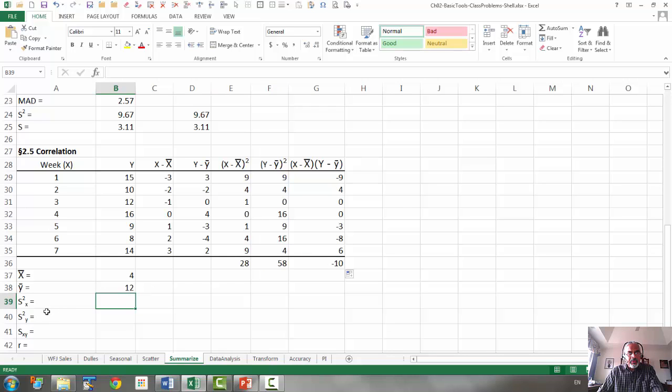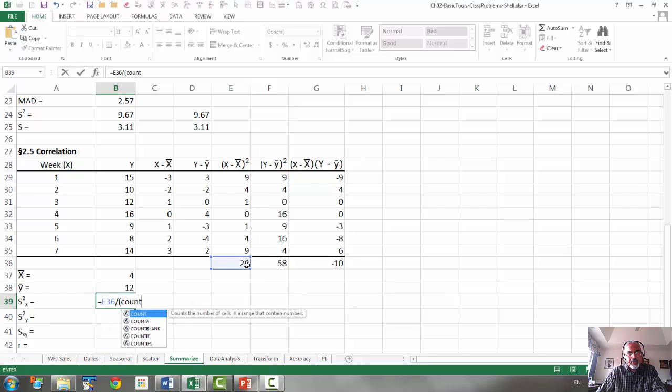Now variance of x is, we need to divide this sum by count minus 1. So we go that divided by count of that minus 1 and end parenthesis.